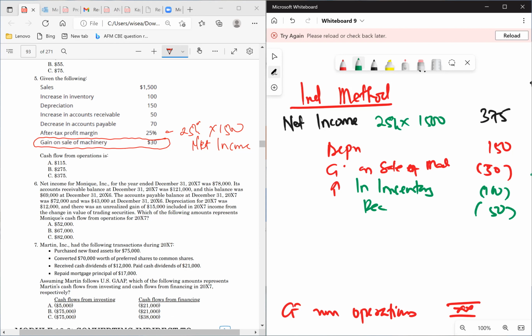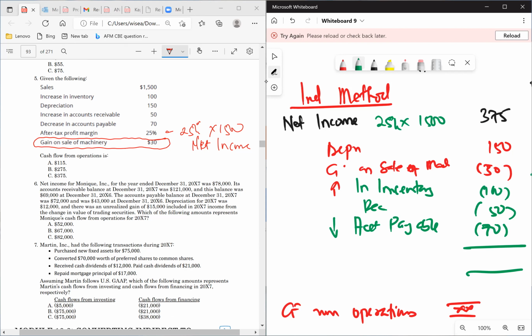Then there is a decrease in accounts payable. That means we paid out cash. So that is 70. That will also be subtracted. So this will now give us our cash flow from operations.